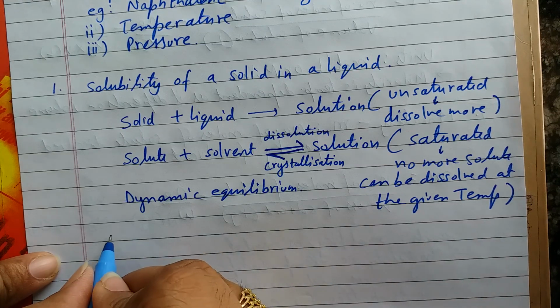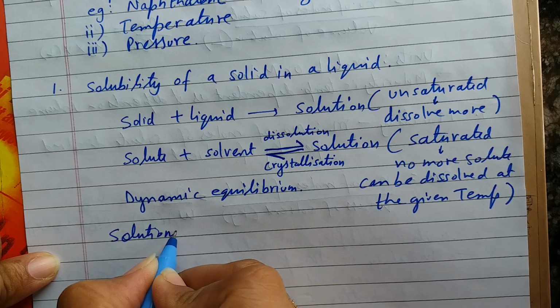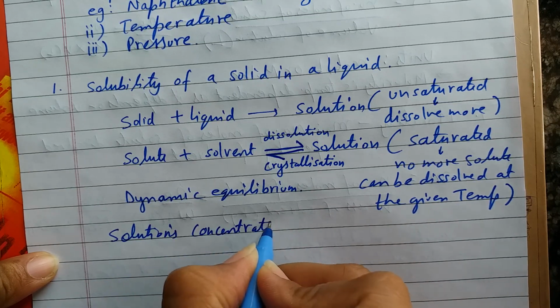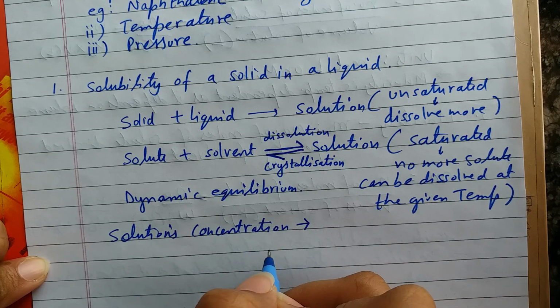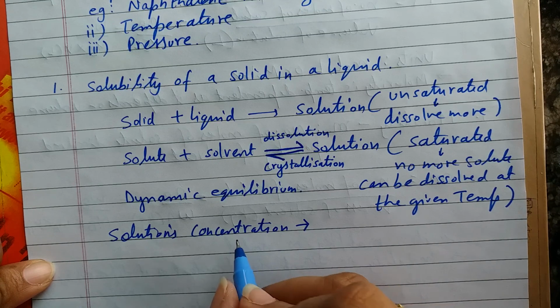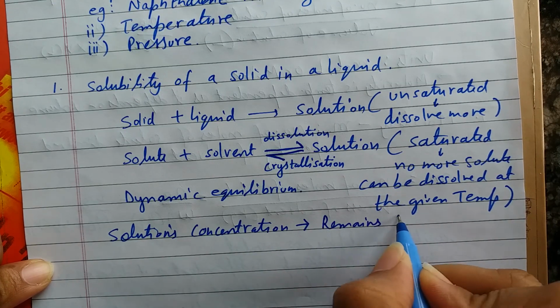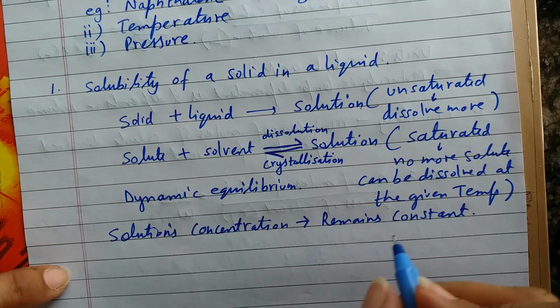Now when it is so, what about the solution's concentration? When there are two processes going on, but the two processes are the opposite of each other, taking place at exactly the same rate, the solution's concentration remains constant. It remains constant. There will be no change.